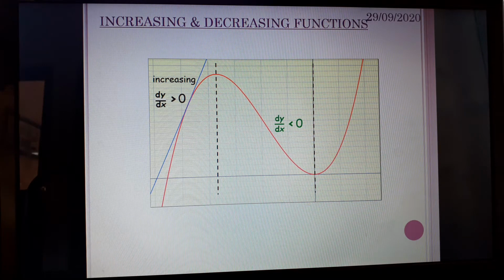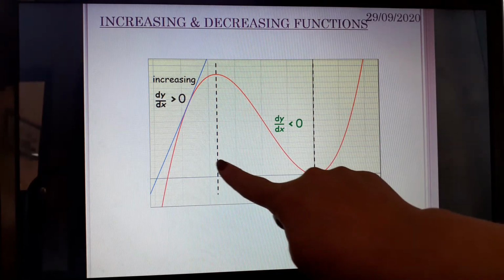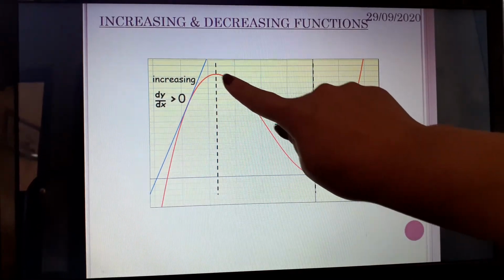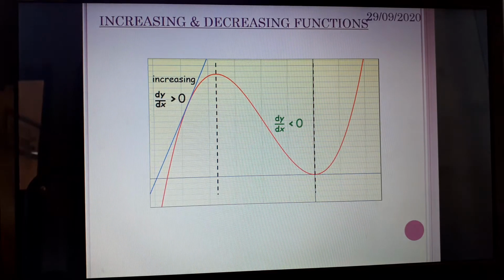So we have dy by dx greater than 0, which represents an increasing function. The gradient of the tangent at any point on that particular part of the graph would be positive. So if the gradient is positive, dy by dx will be positive, because the gradient and dy by dx are the same thing. Now let's look at the middle section between these two turning points. We can see that the graph is going down the way. So between here and here, the graph is now decreasing.